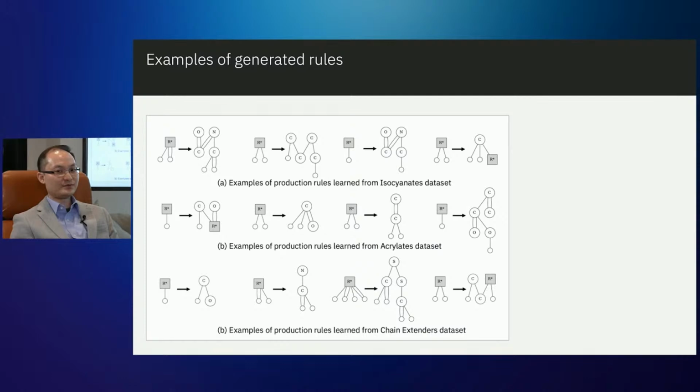In the first rule and the third rule, we explicitly see the functional group, which contains the nitrogen, the carbon, and the oxygen connected by double bonds. These are the exact things that we expect to see for isocyanates. We learn these production rules not by someone telling us, hey, you really need to have N and C and O connected by double bonds, but by looking at the training data sets, and the algorithm can figure it out.